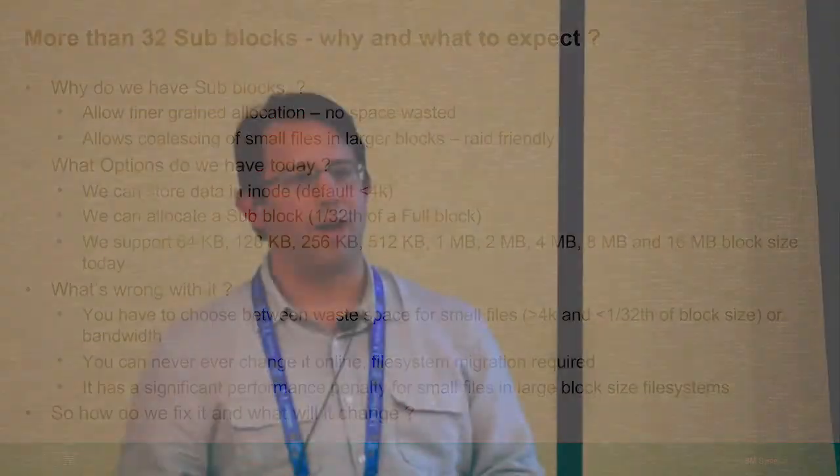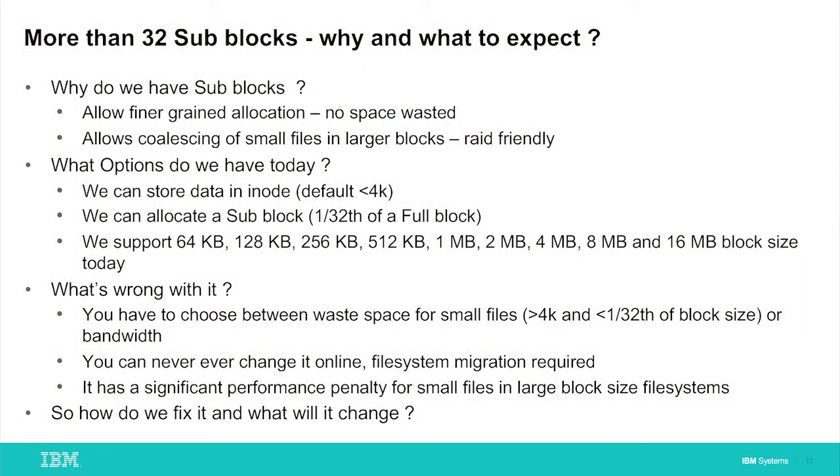So with a 16 megabyte block size, a 32nd of that is 512K. If we go to a 32 megabyte or 64 megabyte block size, we're talking about fragments of 1 or 2 megabytes in size. That means if you create a file which is exactly 4K in size, it's going to write 2 megabytes into your file system because of zero padding and other things associated with that. So therefore, it has a significant performance penalty for small files.